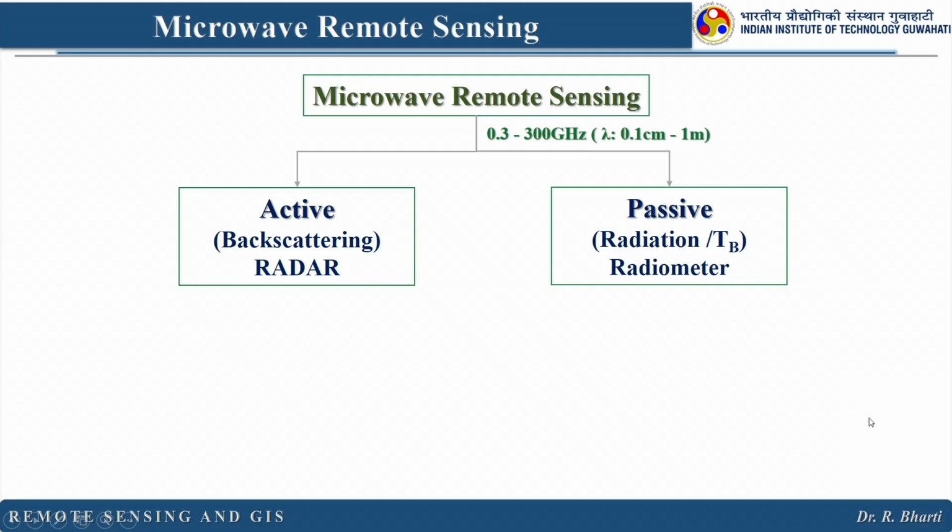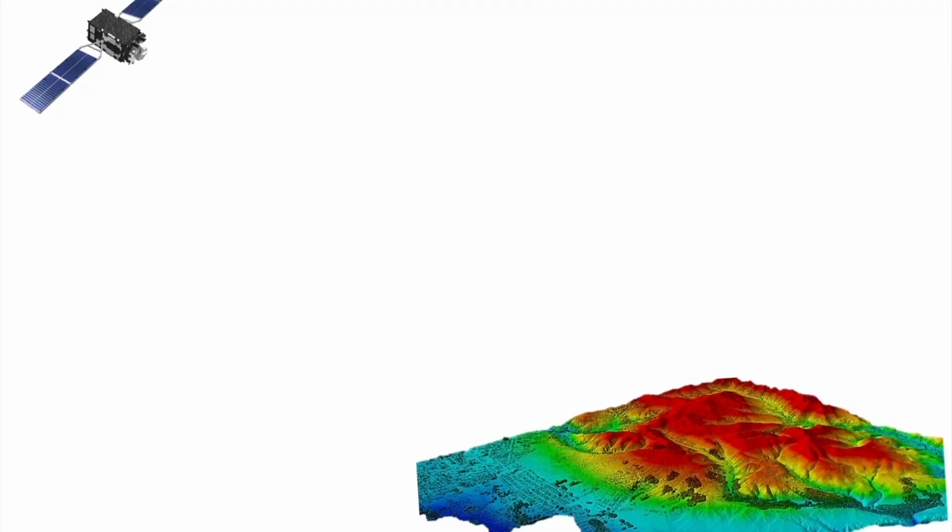Here also we have two types of sensing. First one is active sensing and another one is passive sensing. In active we call it back scattering radar, and in passive a radiation or radiometer can be used. So this is one example where I will demonstrate how we are using this active remote sensing, how we are illuminating the surface, and how the pulses are sent and received, right.